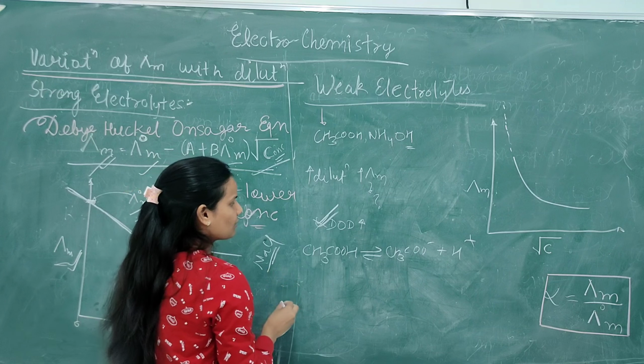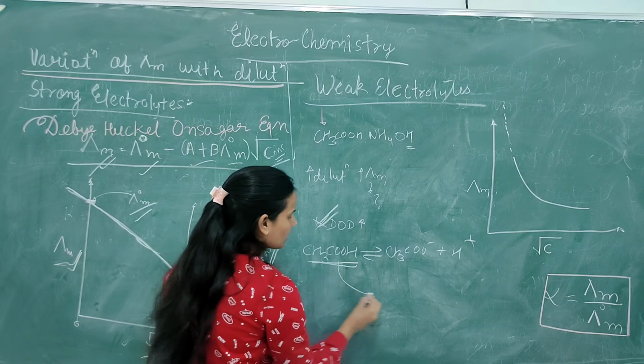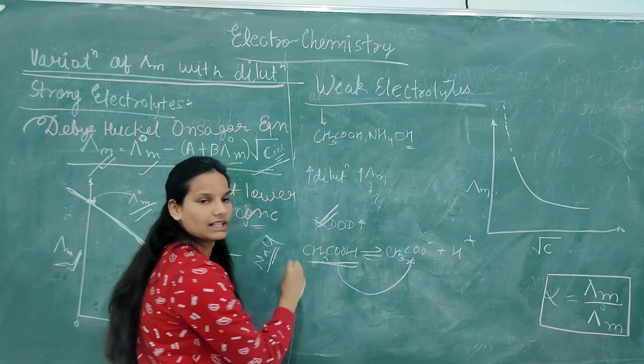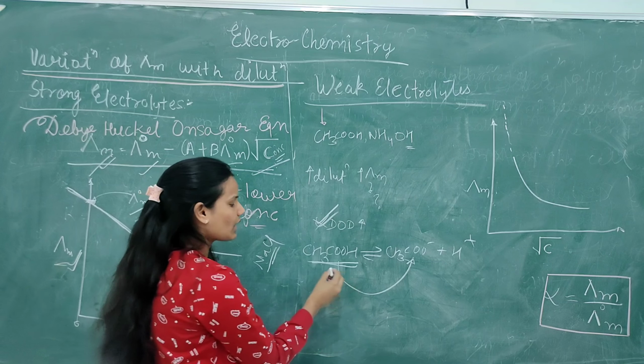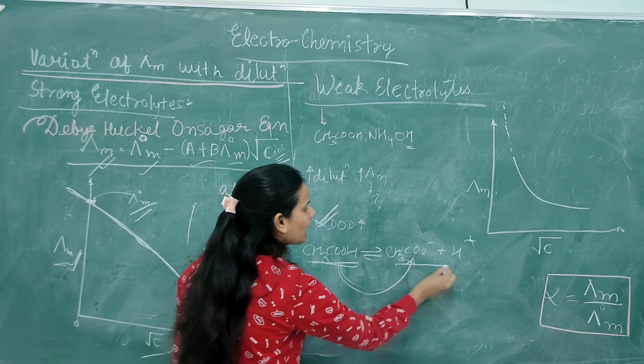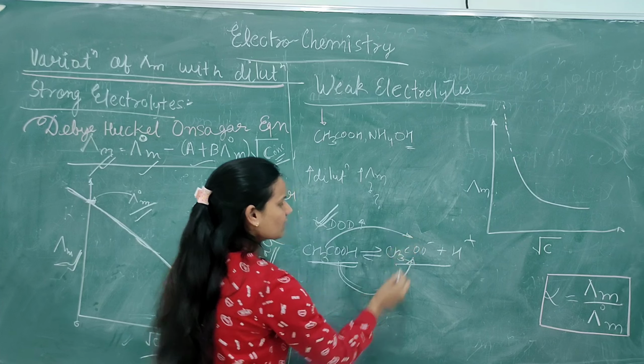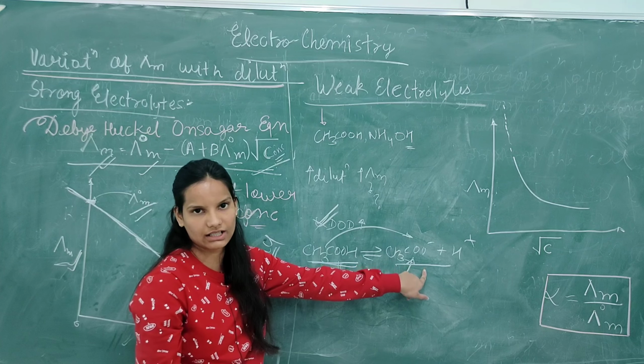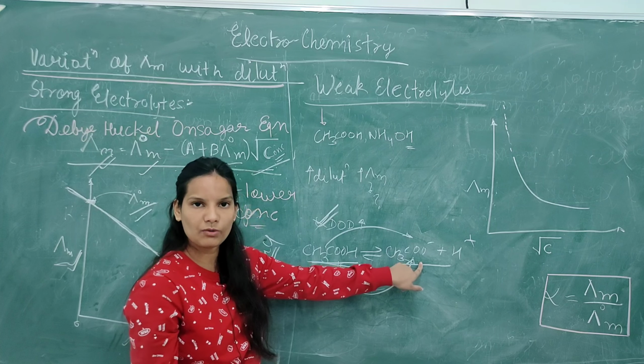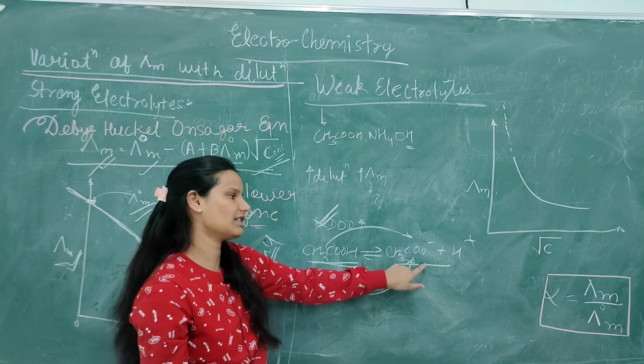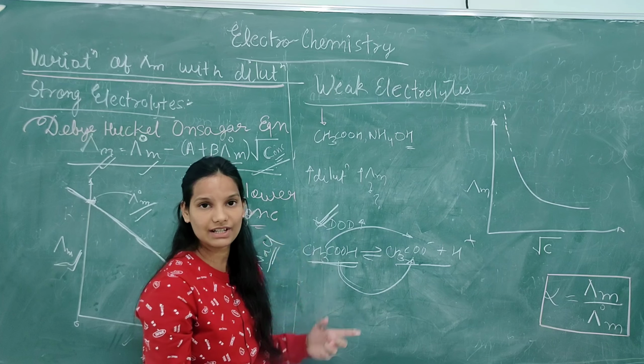With increase in dilution their degree of dissociation can increase, so they can dissociate more into ions, and more ions means an increase in ionic conductance. Ions will be more mobile, ionic conductance will increase, and as a result the molar conductance will increase.